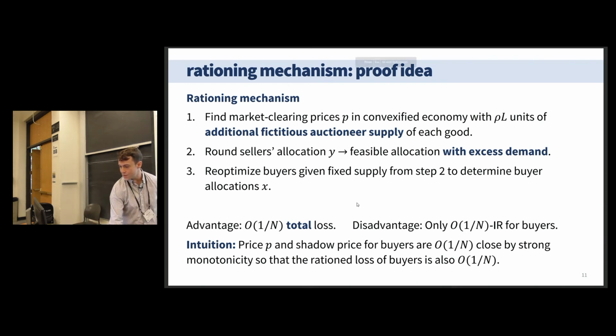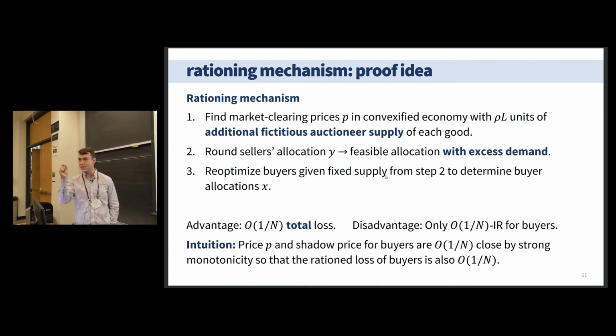Without this strong monotonicity type assumption, even small distances in allocation space can translate to really large distances in utility space. What we have here is that the total allocations are going to be close.